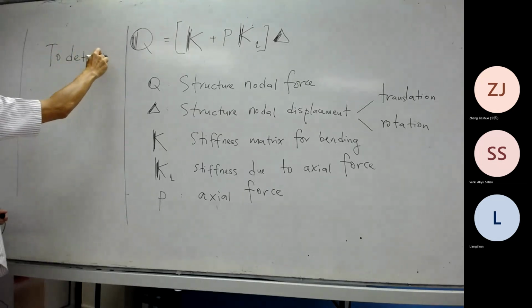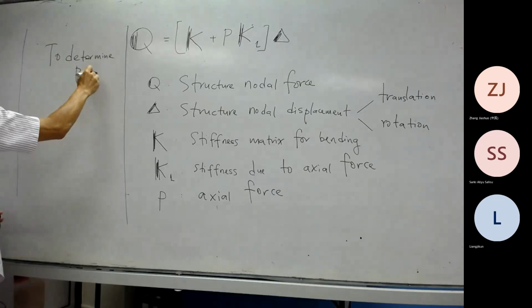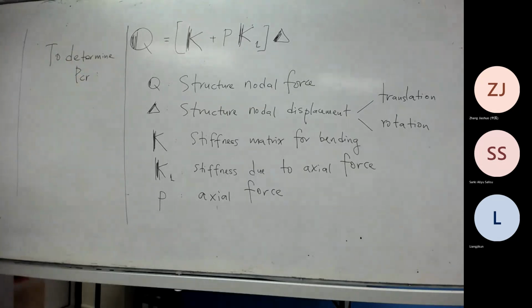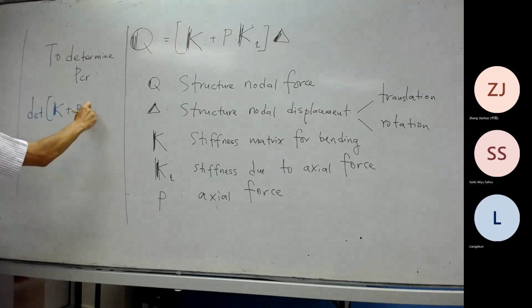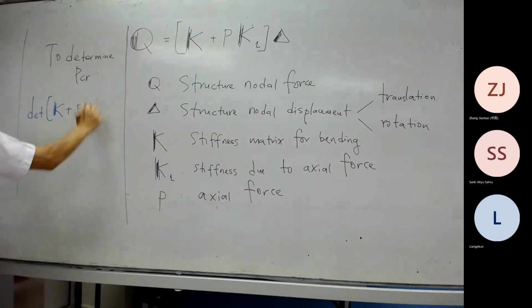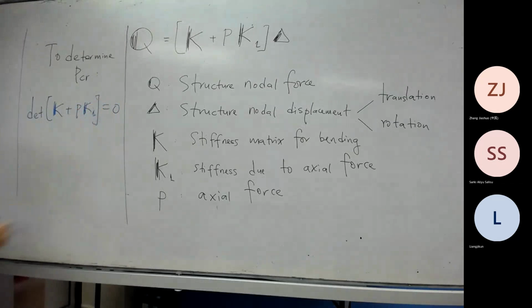You have to be clear. The criteria that we use is that the determinant of this matrix must be equal to 0. So from here we get P critical.